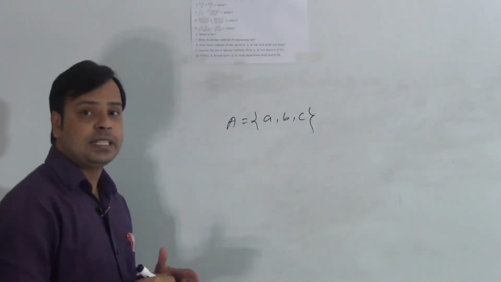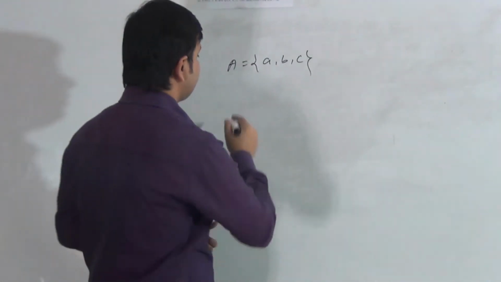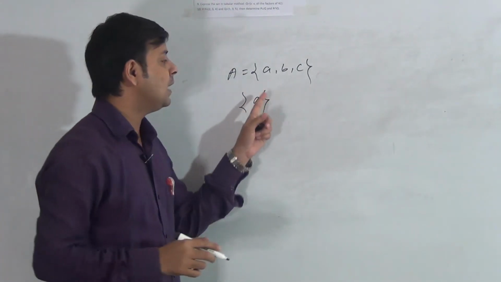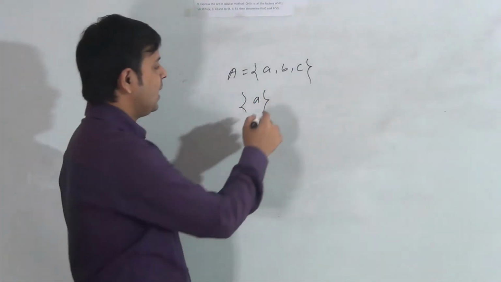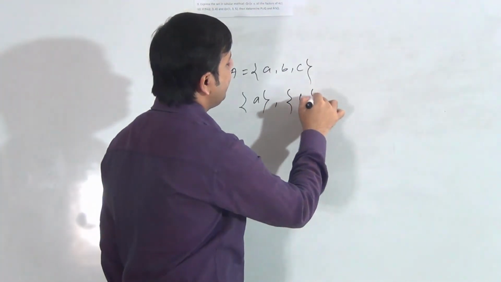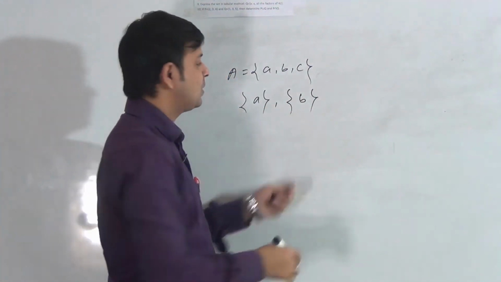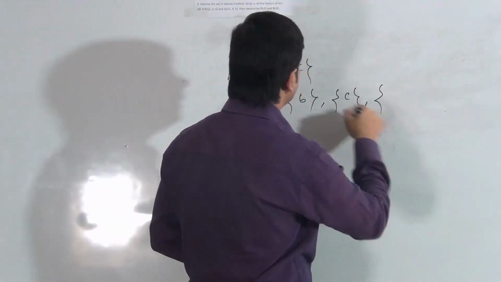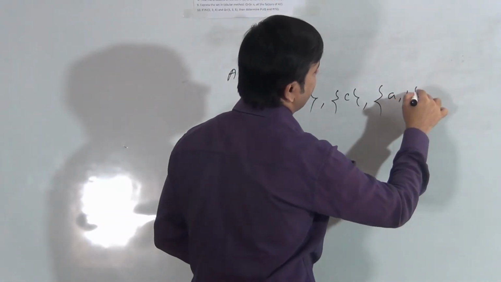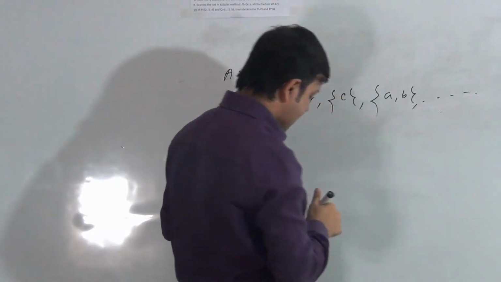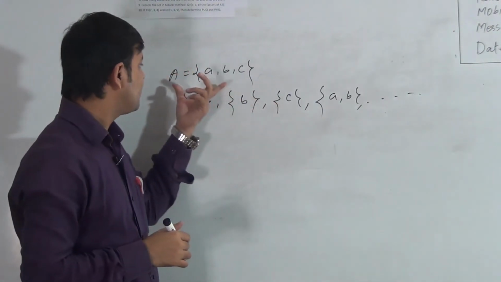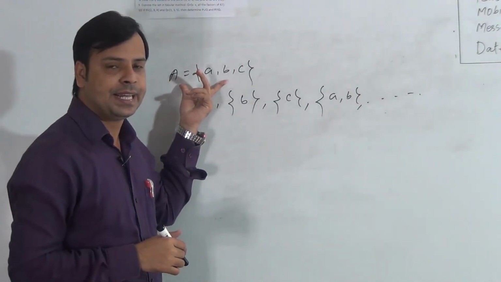If I form some new sets, suppose taking only one element from A, that is a, and another one b. This is also a new set. I can consider taking c also. I can take another set taking two elements, say a, b. In this way we may get many sets. These sets are known as subsets of the set A.